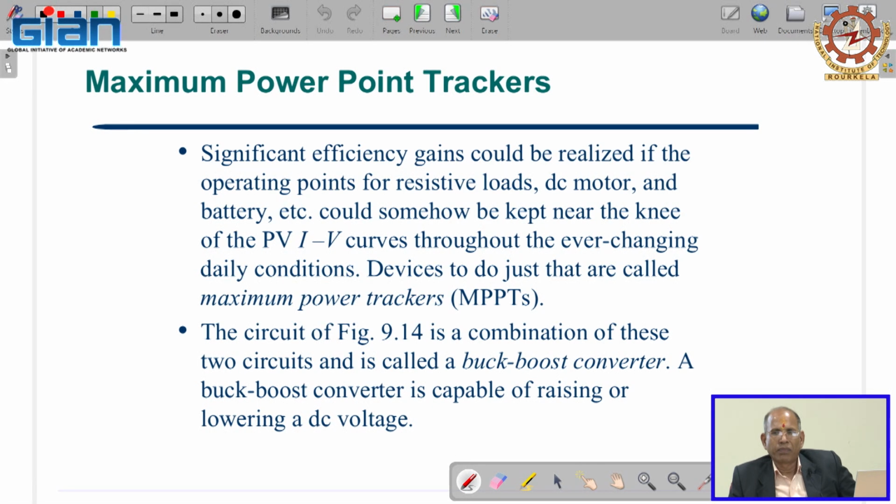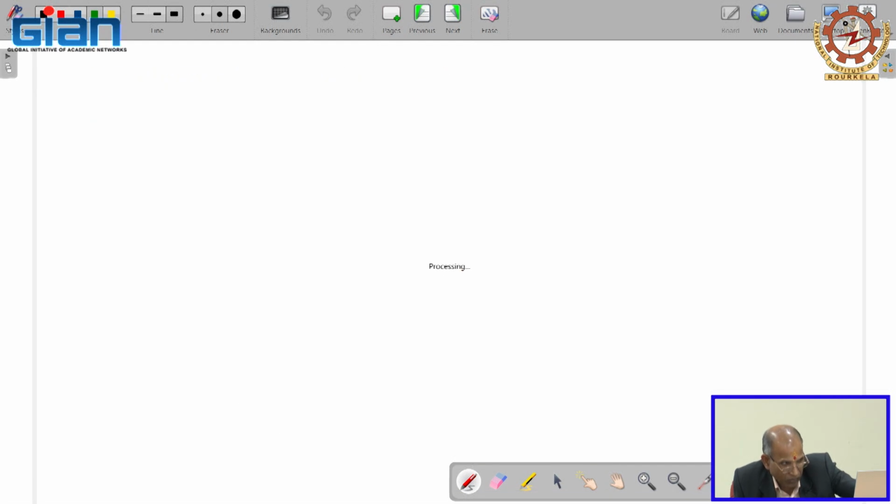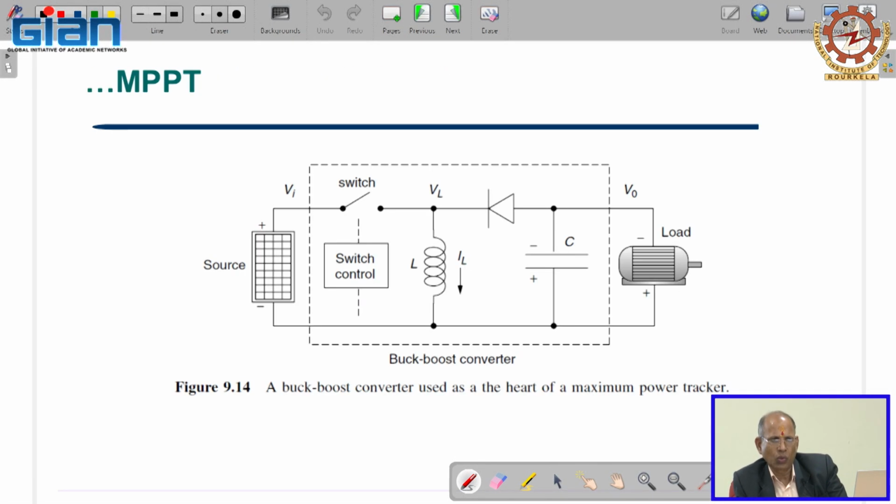the circuit in the next slide is a combination of two circuits and is called the buck and boost converter. A buck and boost converter is capable of raising or lowering the DC voltage. So you can see that you have a converter, which could be a buck converter or a boost converter.